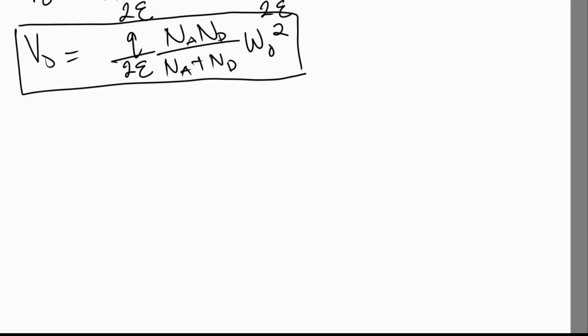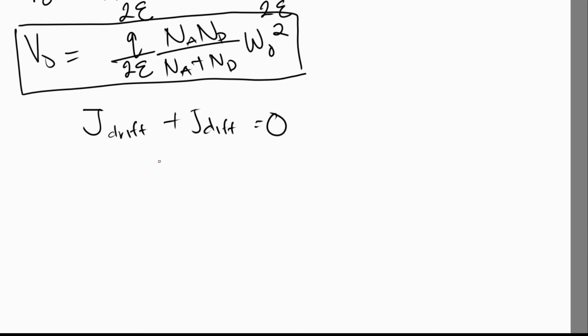We can also get another independent expression for the built-in potential by using the expressions for our drift and diffusion currents. We know that the drift plus diffusion currents at equilibrium should be equal to 0.